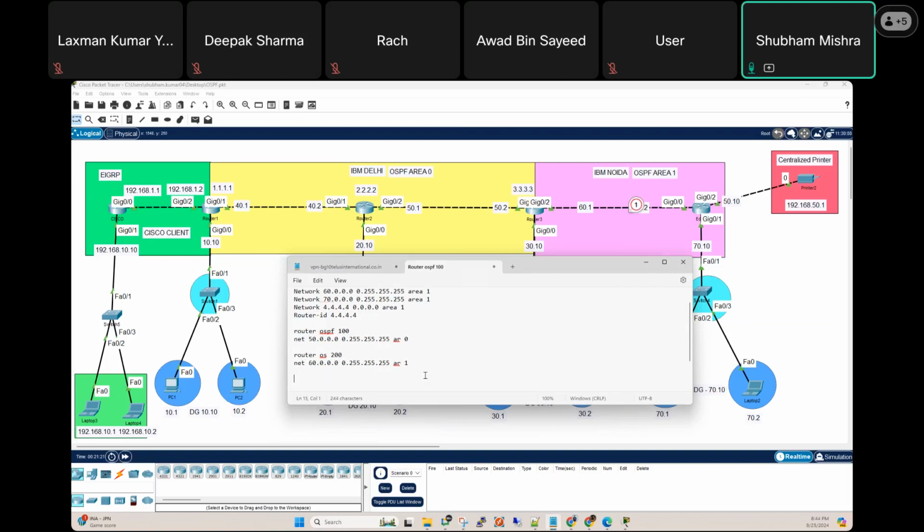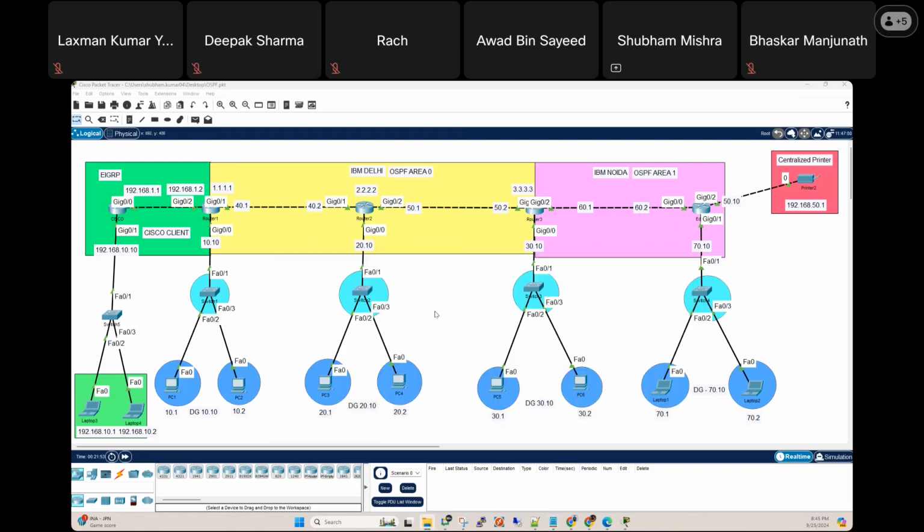Everything else will work, basically. Neighborship will work, there is no problem. But the ABR router will not inject area 0 information into area 1 or area 1 information into area 0. You can try it. If you are doing inter-area communication, you must configure the same process ID. Done? Understand?